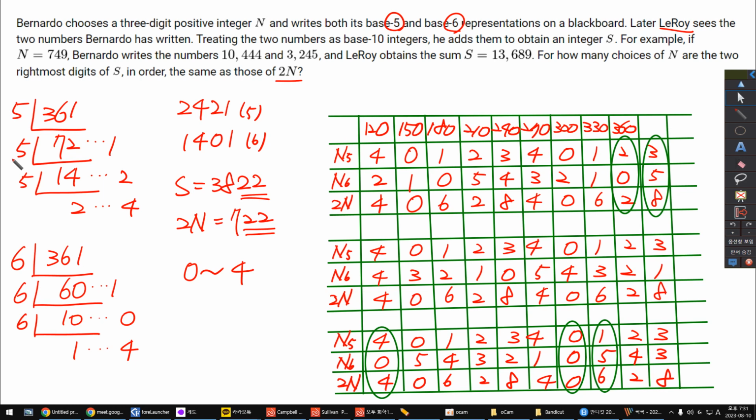So that means for each triple, there are 5 cases, and there are 5 triples. So what's the product of 5 and 5? Yep, 5 times 5 is 25.